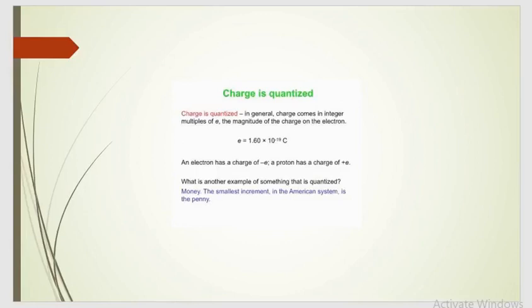When the number is tremendously large, quantization of charge is not observed, and one usually observes a continuous variation of charge. In general, charge comes in integer multiples of e. The magnitude is 1.6 into 10 raised to minus 19 coulomb.